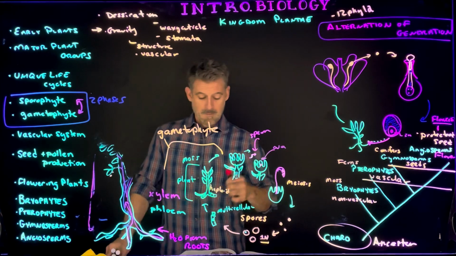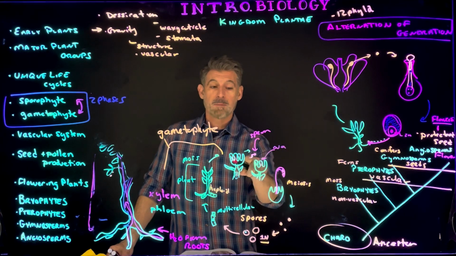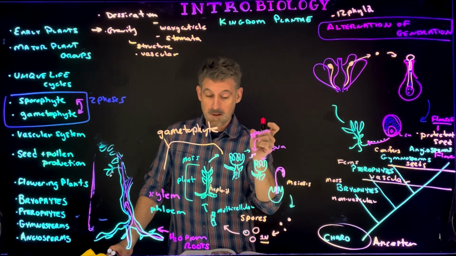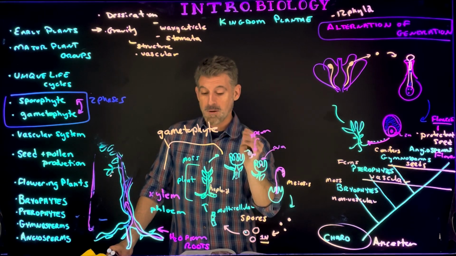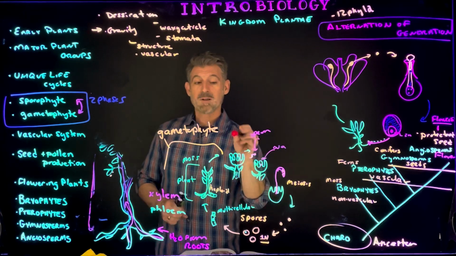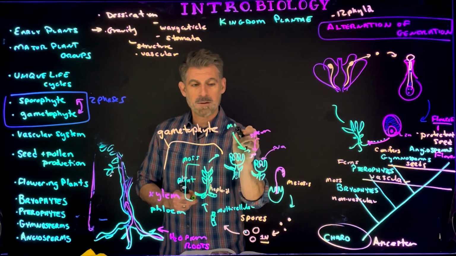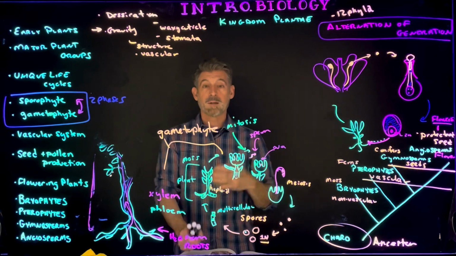Now, moss, which is kind of interesting, is a plant that has a swimming sperm. So I do a little sperm with a flagella, like a little flagellated protist. So a single cell, haploid cell, not produced through meiosis. The sperm is produced through mitosis, which again seems really weird.